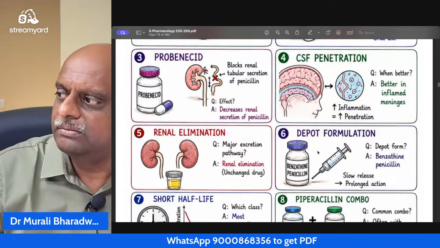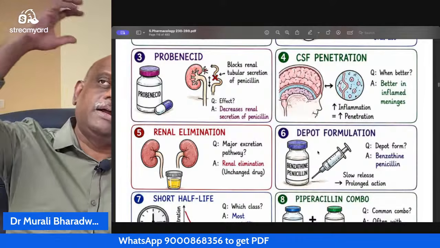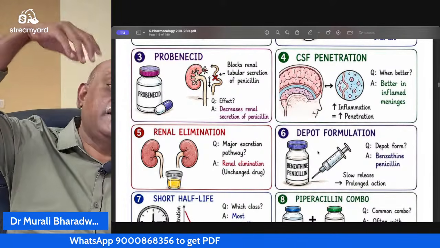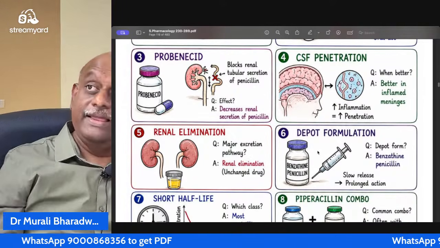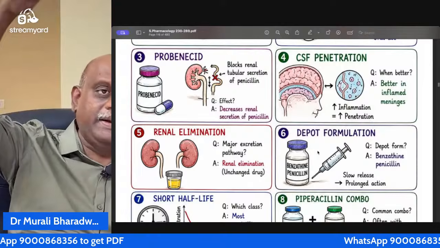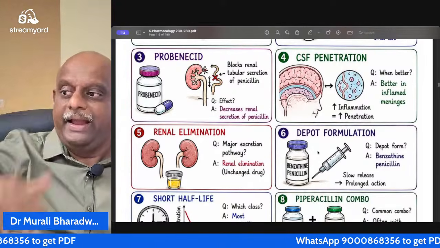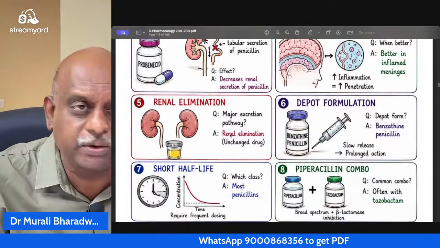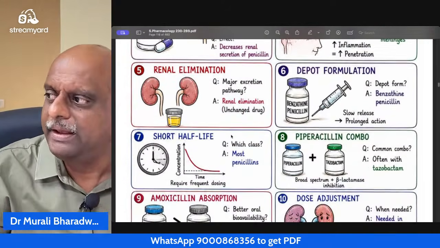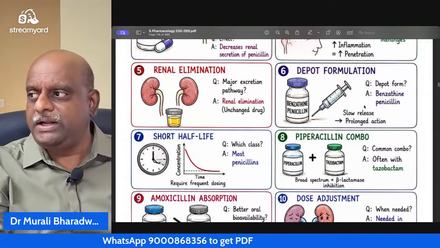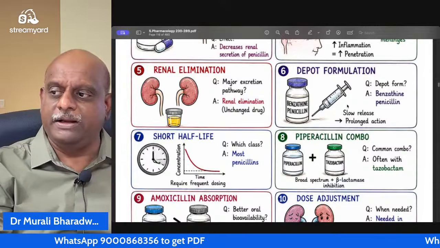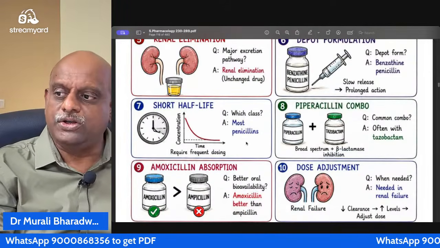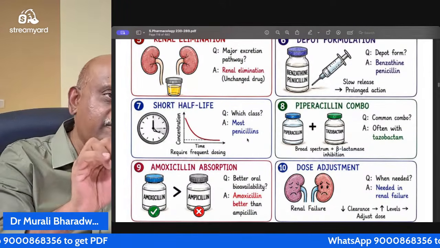And whenever the meninges are inflamed, penicillin penetration is much better. And mainly as an unchanged drug, they are lost in the urine. Benzathine penicillin is a depot formulation. Most penicillins have a short half-life.